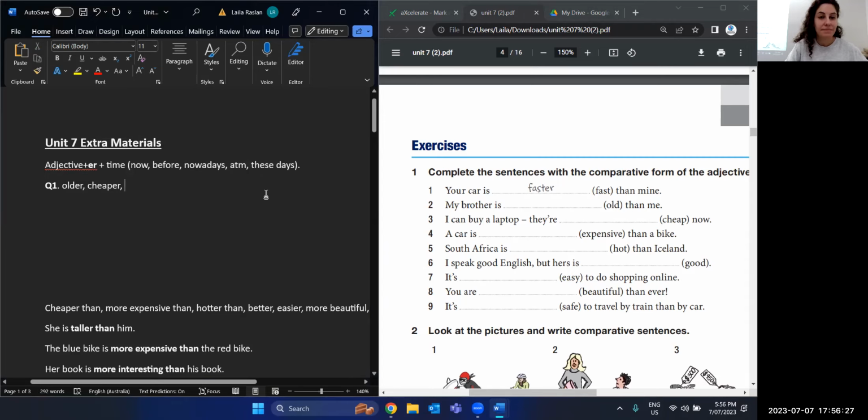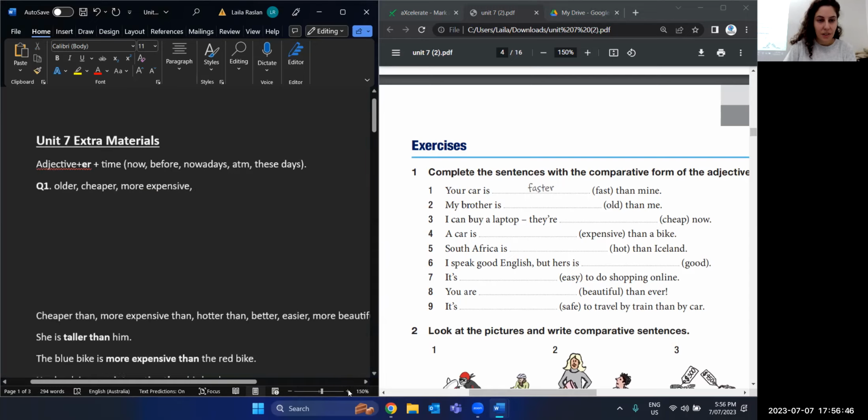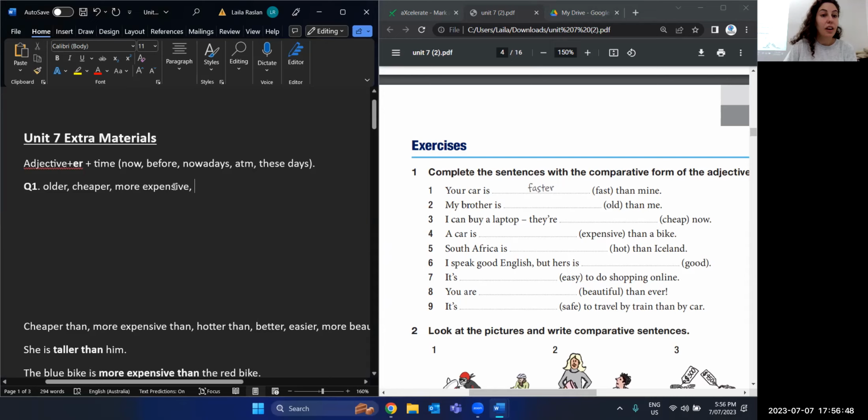So good. Okay, so then number 4, Letizia, a car. Yeah, more expensive. More expensive. It's a long adjective. You remember this rule? Long. So we don't add an ER because it's not a short adjective like these ones.